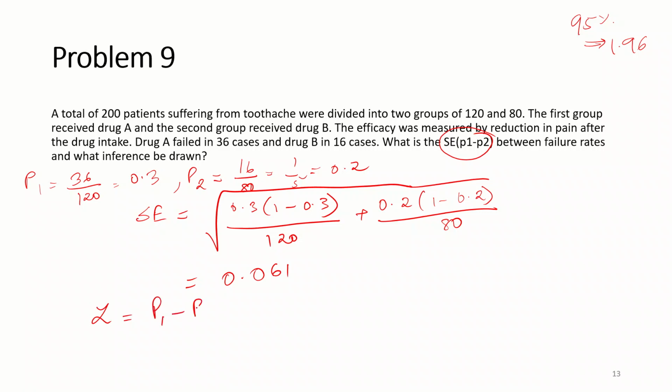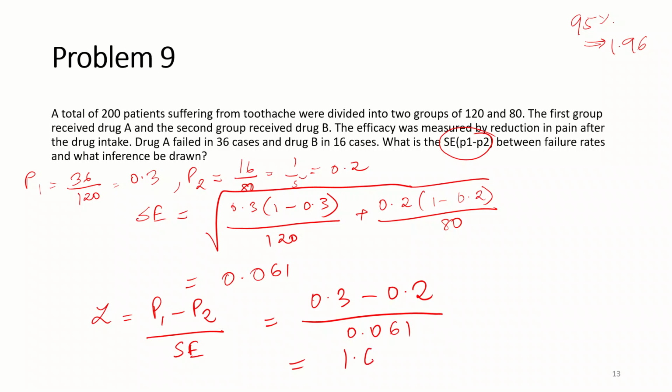So coming to Z, it will be P1 minus P2 by standard error. So it will be 0.3 minus 0.2 divided by the standard error, which is 0.061. So what we get is 1.639. Now it is less than the table value, 1.96. So we can accept the null hypothesis. Null hypothesis accepted.